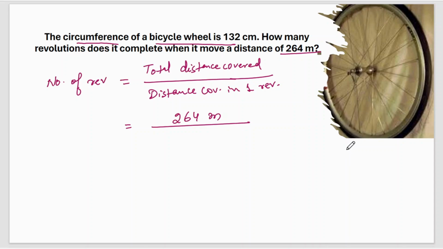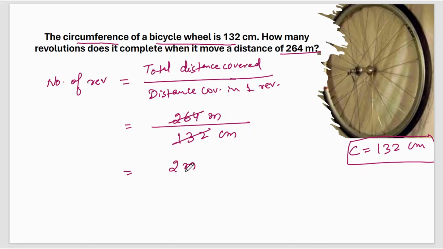You know the distance traveled by the wheel in one revolution is equal to the circumference of the circle, and it is given as 132 centimeter. So we have to divide the data by 132 centimeter. Now you can see we can cancel it by 2 times. So now you are left with 2 meter divided by 1 centimeter.